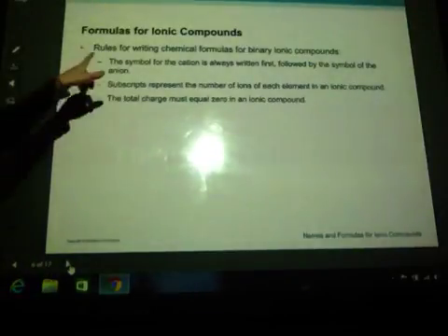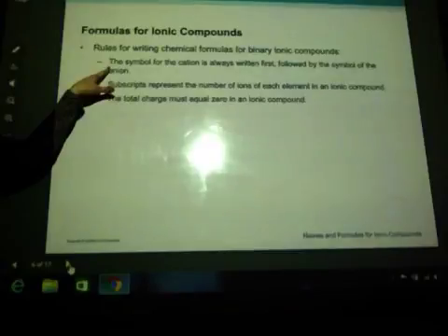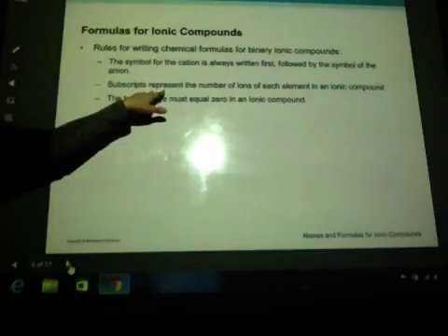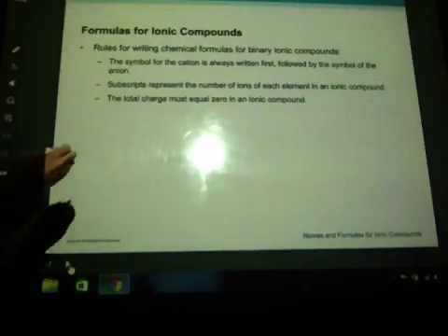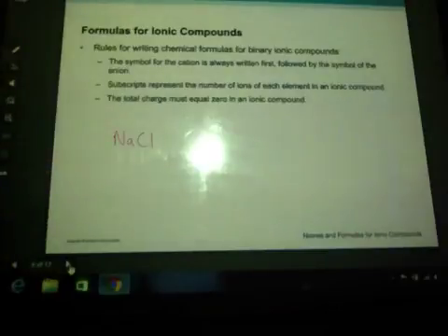So rules again, cation's always first, and then the anion is always second. Subscripts are the numbers, which represent the number of ions, and the total charge must equal 0. So for example, NaCl, very common, sodium chloride, does not have any subscripts.